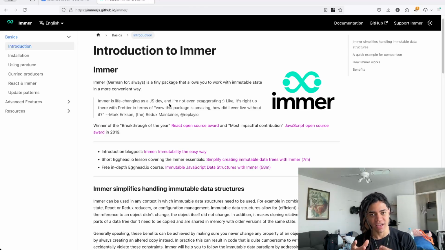What in the F is all of this jargon? Well, Immer stands for always. It allows you to work with this immutable state, and this immutable state is not what we mean in English or Spanish or any Latin language. I would argue that we think that things are static.